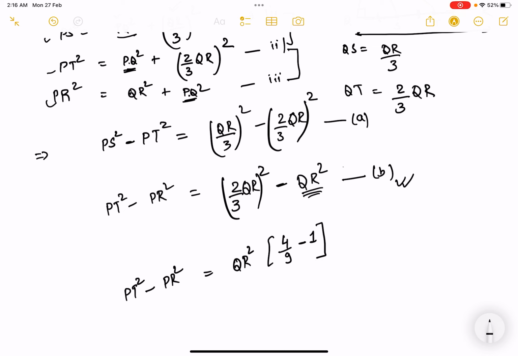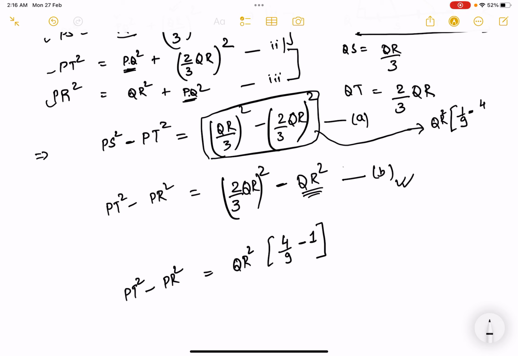And solving this, QR square common, then we are left with 1 by 9 minus 4 by 9.